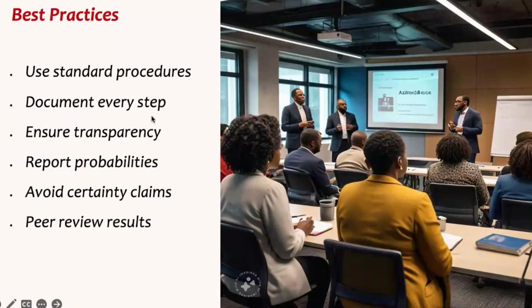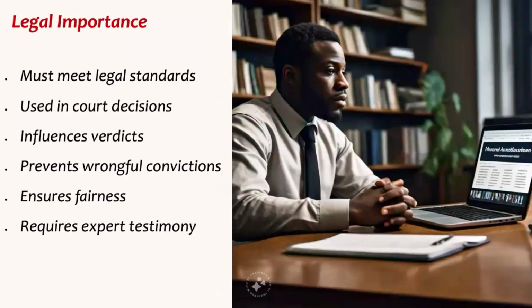We can look at the legal importance. Now, we must understand that forensic evidence can decide cases. Many times, wrong interpretation can lead to injustice. So that's why we have to be very careful. And experts must present findings clearly. So it's expedient that we do due diligence.